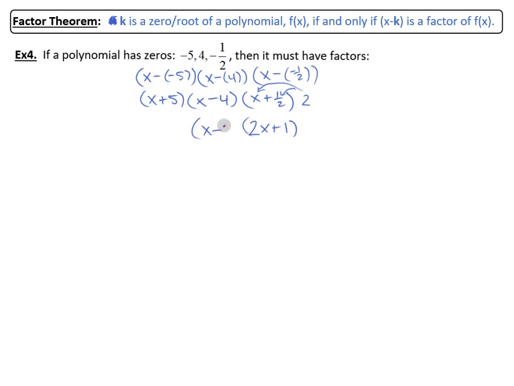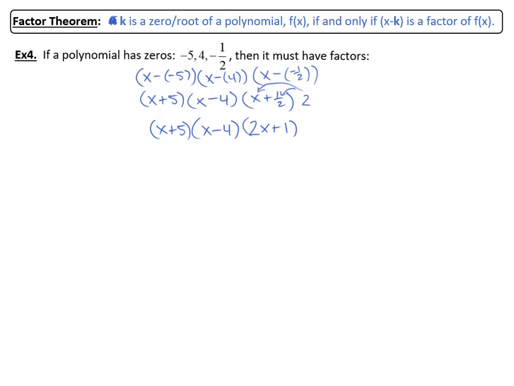And we're not changing the zeros of this polynomial. We're just changing what its equation might look like by multiplying by 2. But now I have a polynomial that would have these 3 zeros. Right? Again, you can think of this one, it still works if you were to set it equal to 0 off to the side, subtract 1 over, and divide by 2. We'd get -1/2 as a 0, right? It's still a factor that gives -1/2 as a 0.